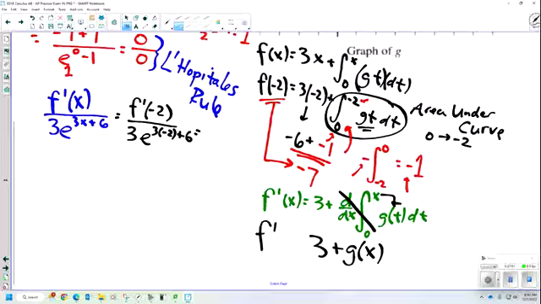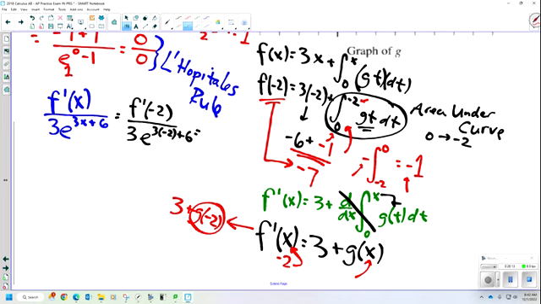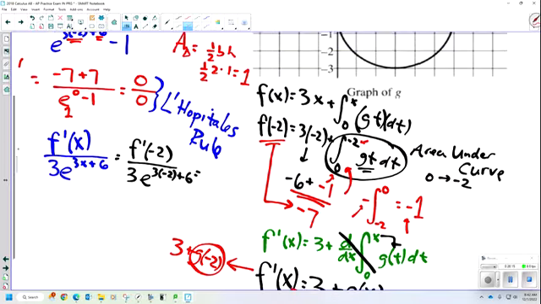That's the derivative of f. They want it at -2. So if I throw a -2 in for this x, I need to throw a -2 in for that x. So it's 3 plus g of -2. This is just telling me they want the y value when x is -2 on my g graph.